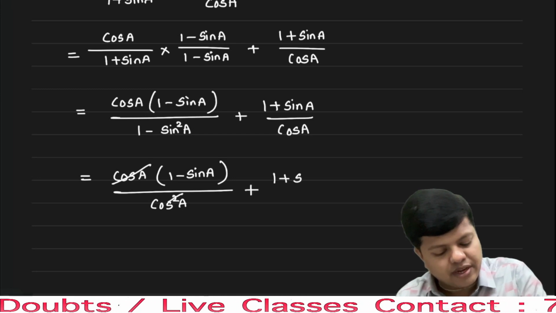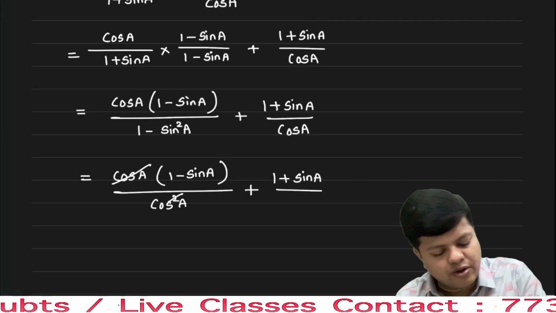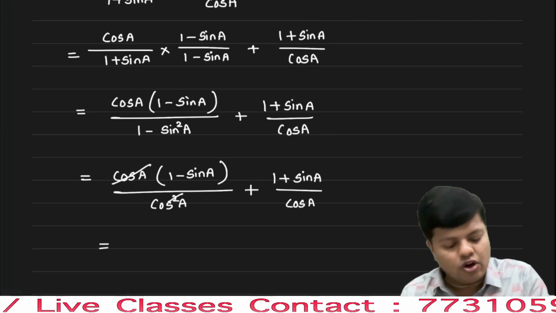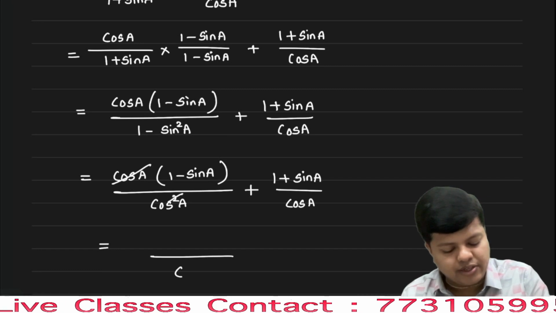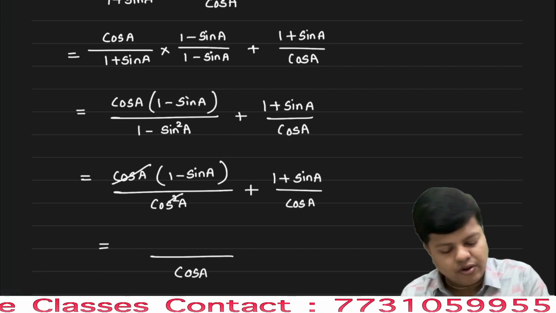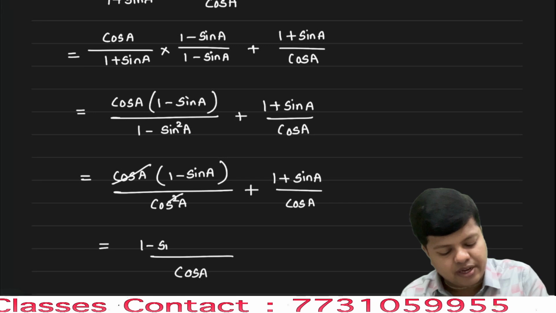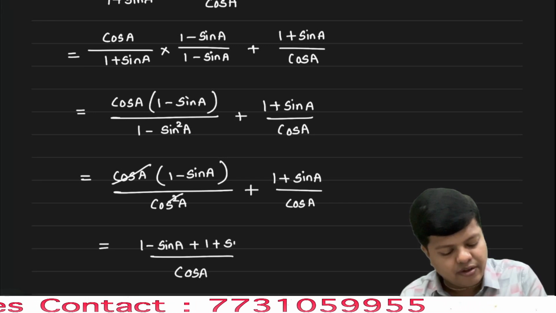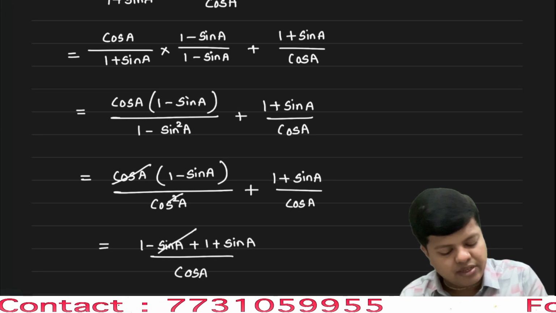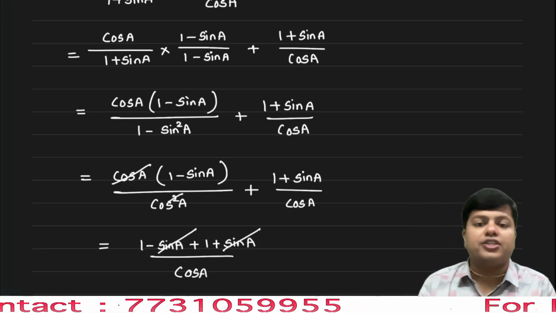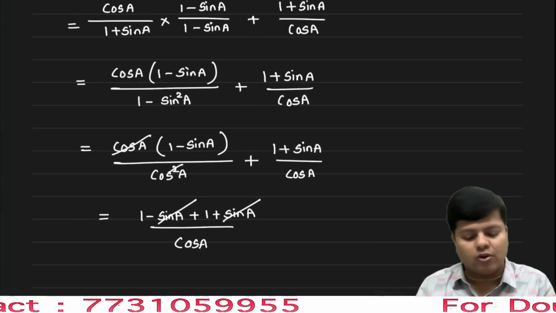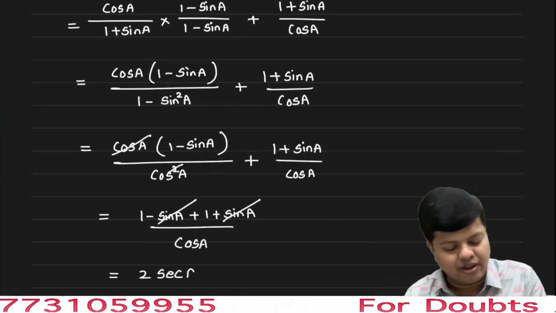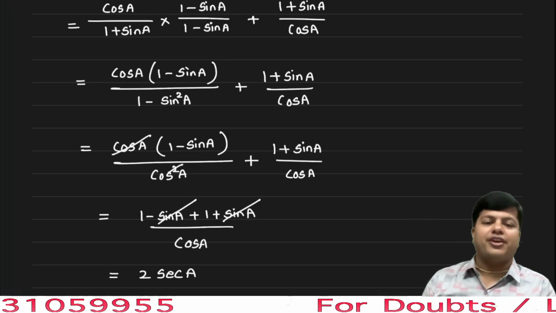So 1 minus sin A by cos A, plus 1 plus sin A by cos A. So student, the denominator of both is cos A. Numerator: 1 minus sin A plus 1 plus sin A. Minus sin A plus sin A cancel. 1 plus 1 is 2. 2 by cos A is 2 secant A. The answer is 2 secant A. This is the answer we need to get.